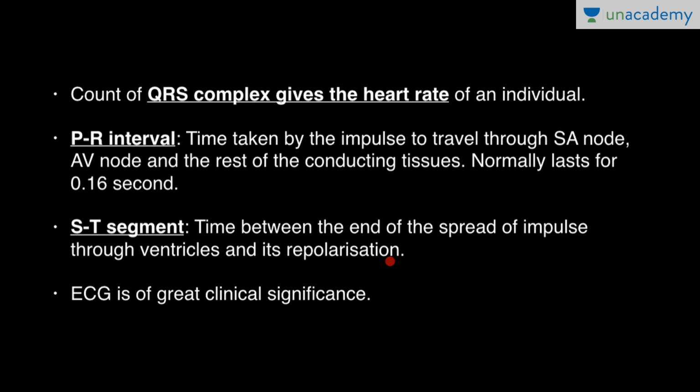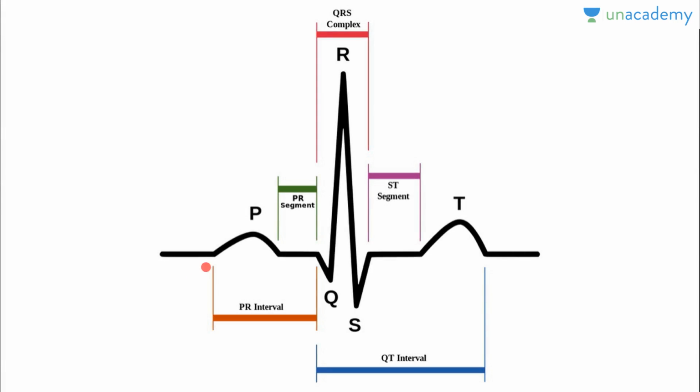After depolarization, we have repolarization, so that depolarization can take place again. ECG is of great clinical significance. Here we have the PR interval represented, and here we have the ST segment. There are other intervals and segments, like this is the QT interval and this is the PR segment.